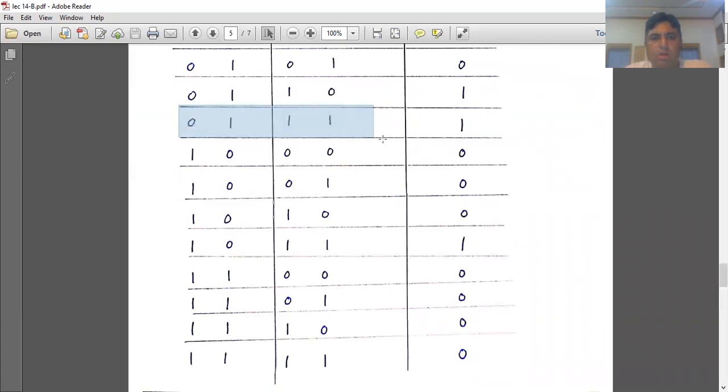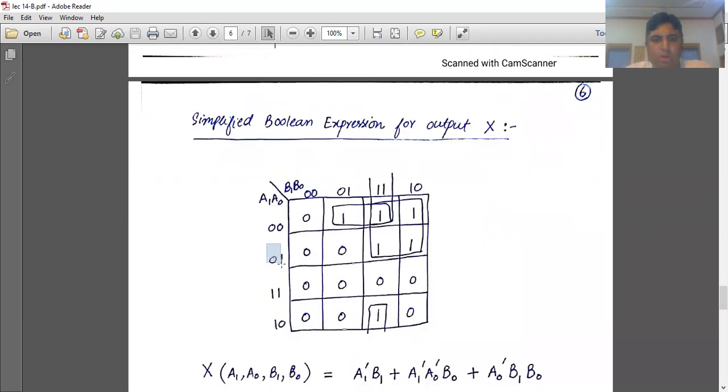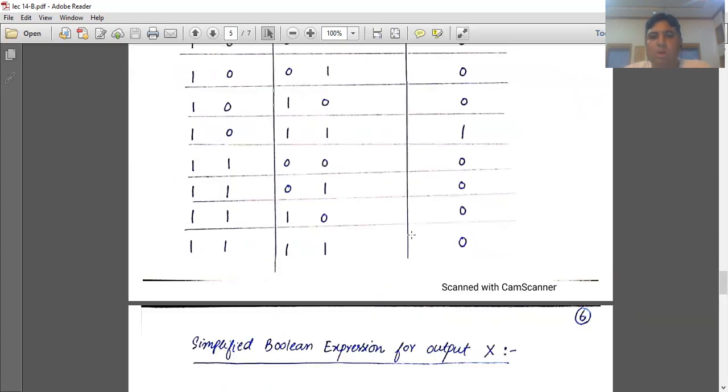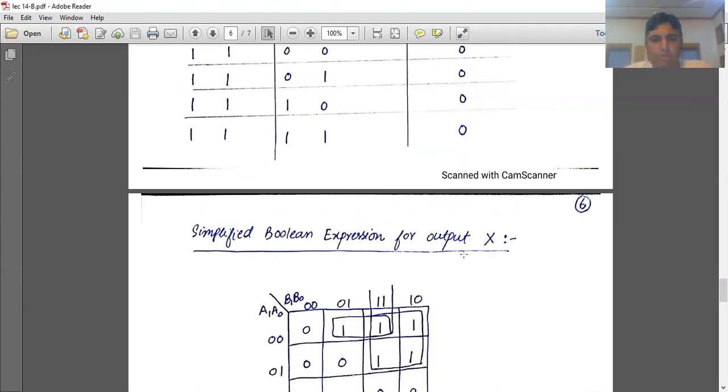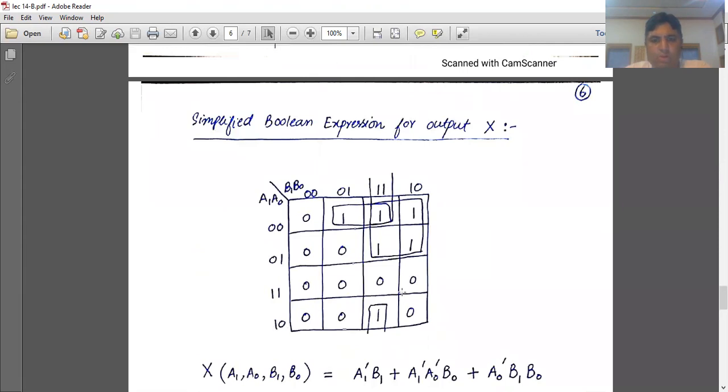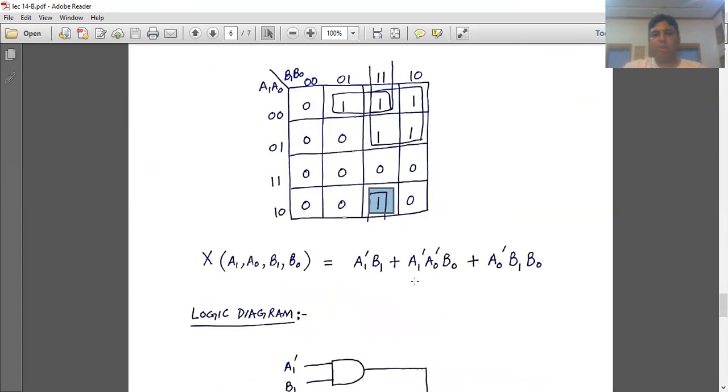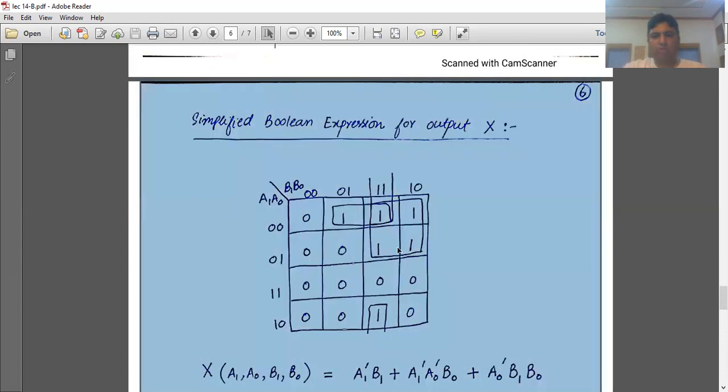Then again this one 0 1 1 1. And the last one is this one, 1 0 1 1. This one. So in this K map, you will take which groups?